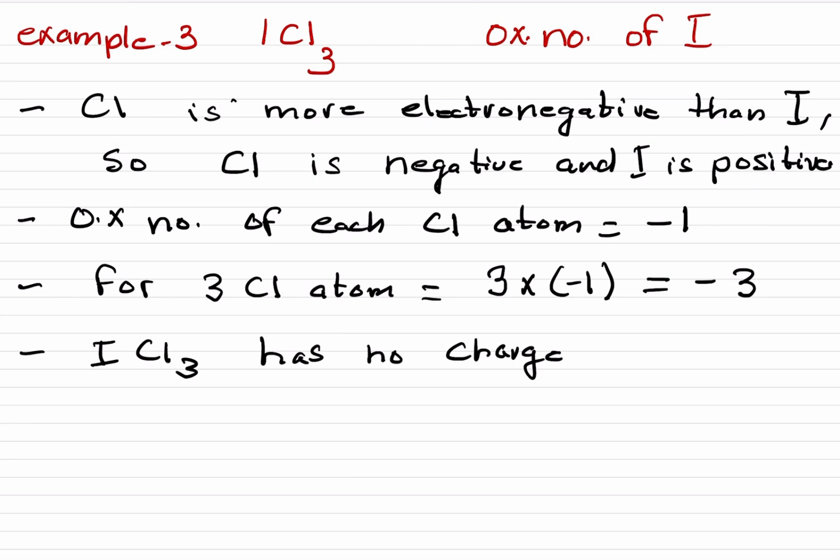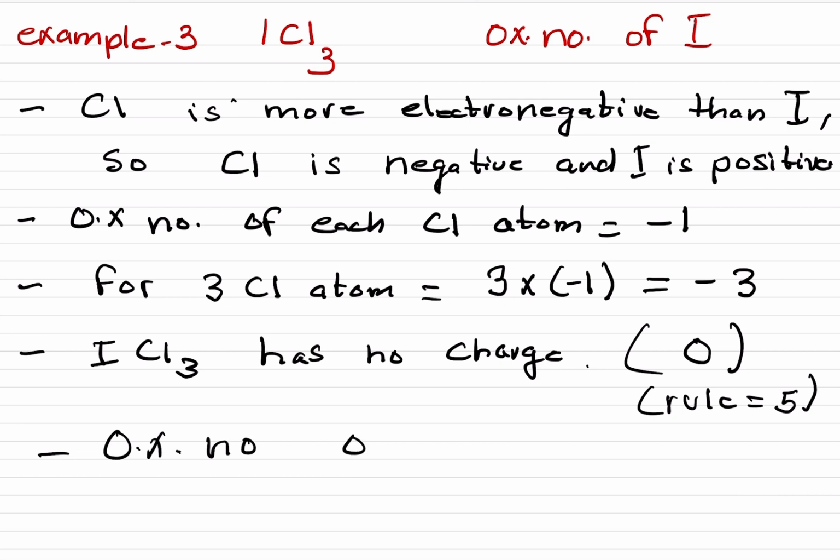So the total oxidation number is 0. That is according to rule number 5. Therefore, the oxidation number of iodine is +3. I hope you understood this.